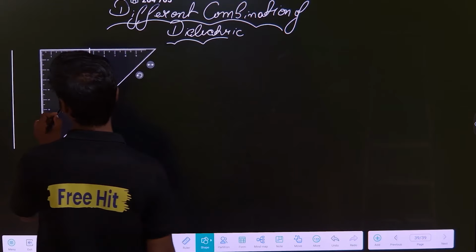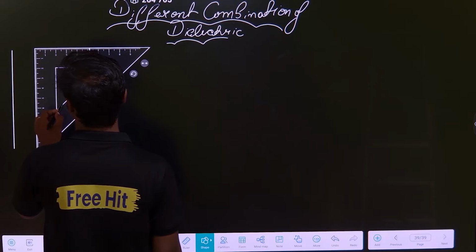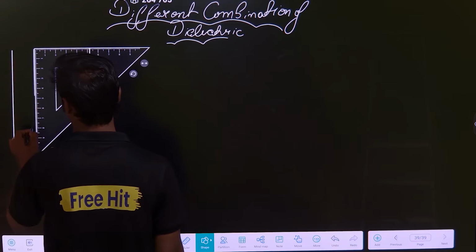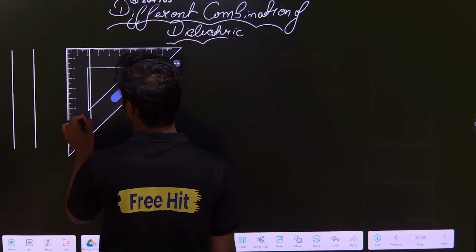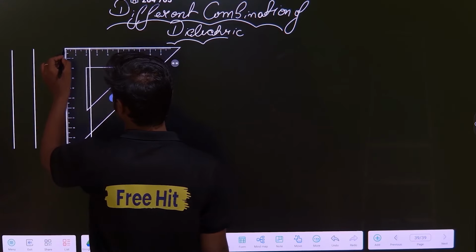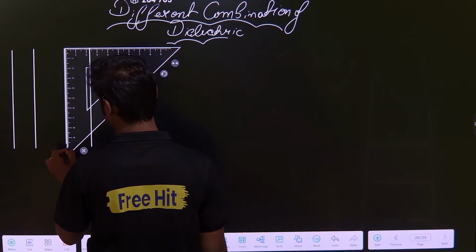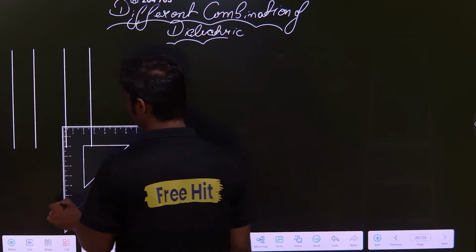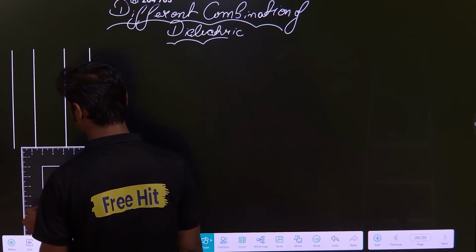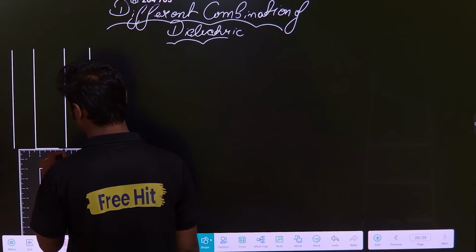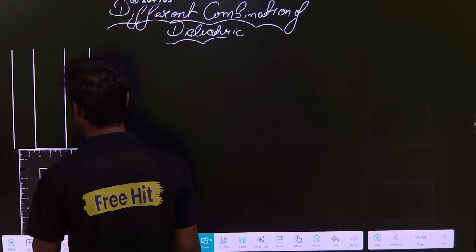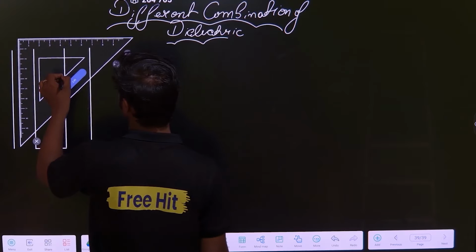We have partially filled it with the dielectric. The scene is very different. Initially we filled it completely with the dielectric. Now we are going to see the different combination. So let us consider.